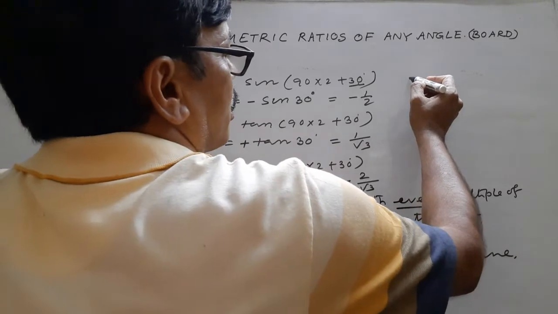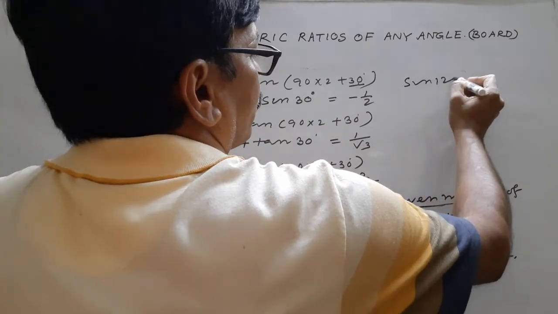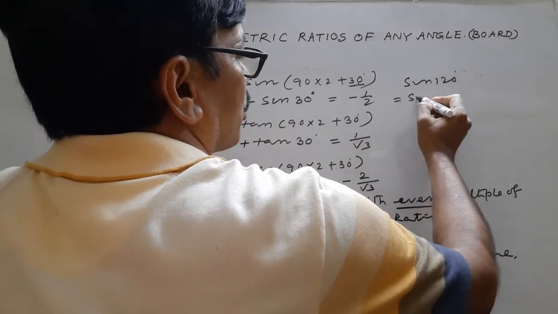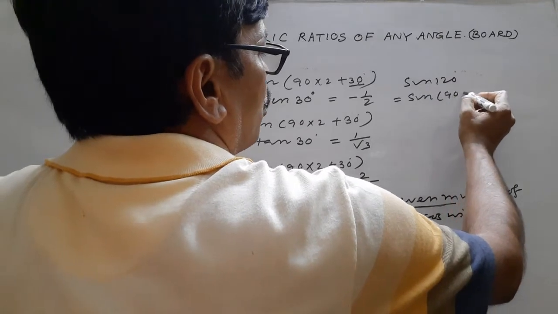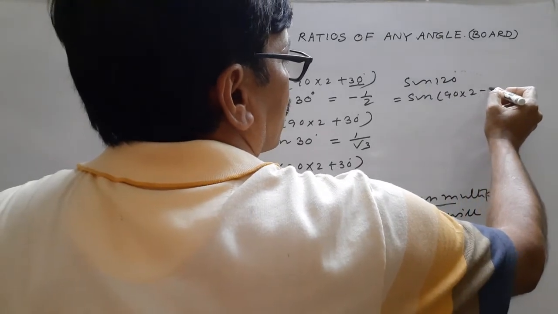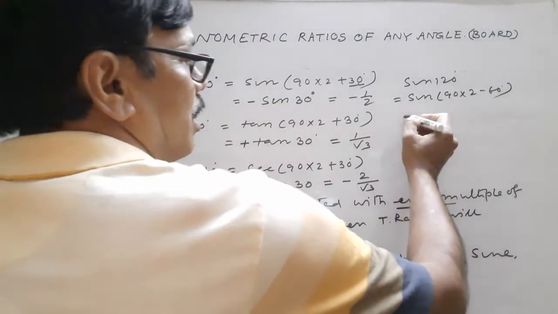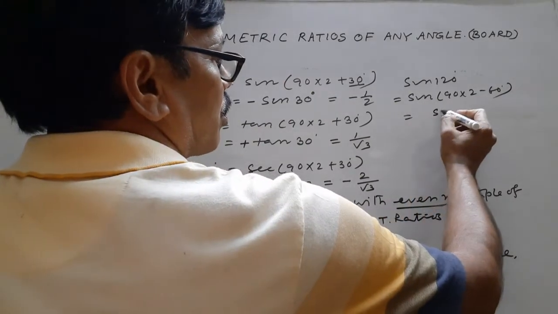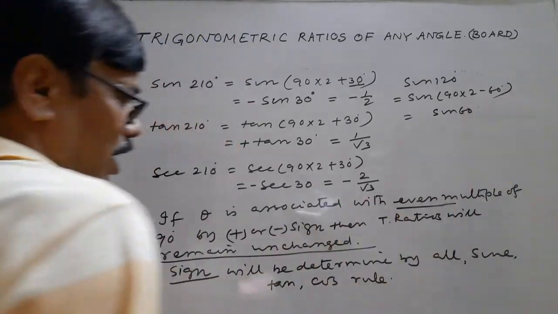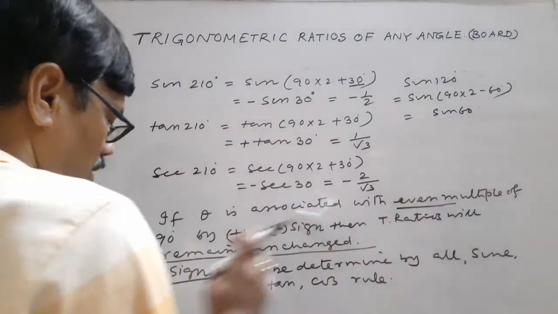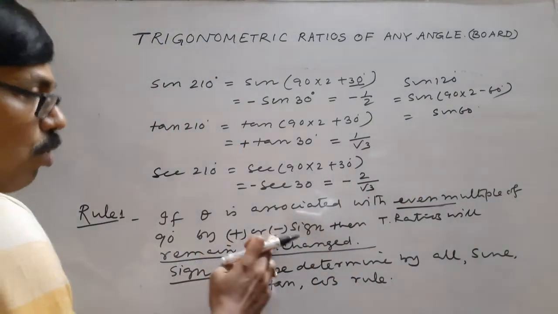Suppose it is sin 120. You can also write sin 90 into 2 minus 60. So it is an even multiple. So sin 60. Even multiple of 90 degree by plus or minus sign.